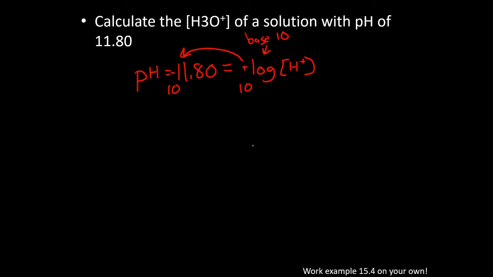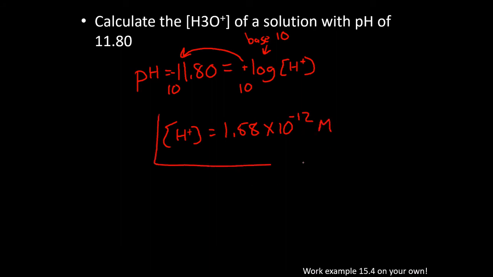So I'm going to use my anti-log button on my calculator. 10 raised to the negative 11.8. And it tells me the concentration of hydronium is 1.58 times 10 to the negative 12. And that would be a molarity.